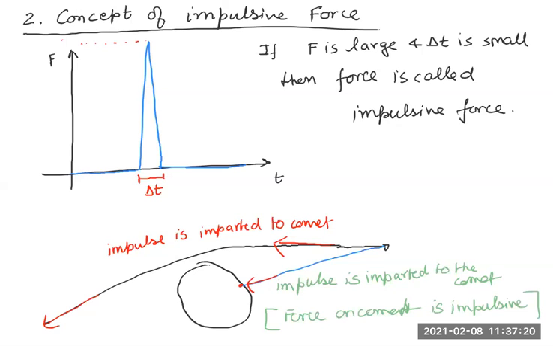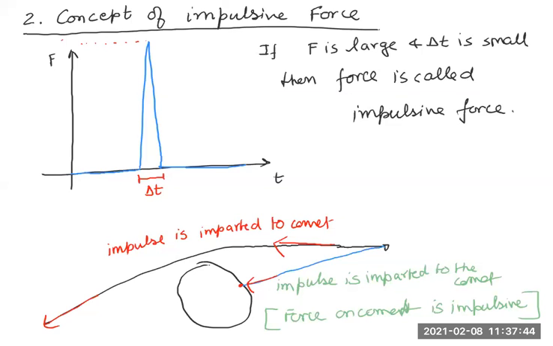Please note the difference in statements. In both cases, impulse is imparted to the comet by the Earth. Why? Because of the gravitational force or any other force. In the first case, it is the gravitational force.